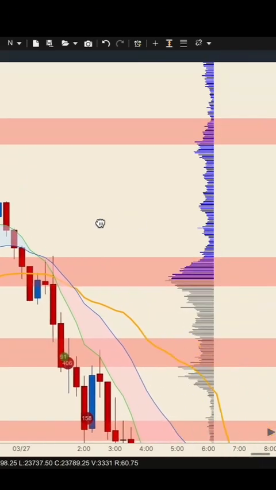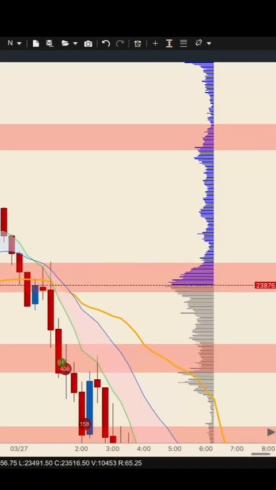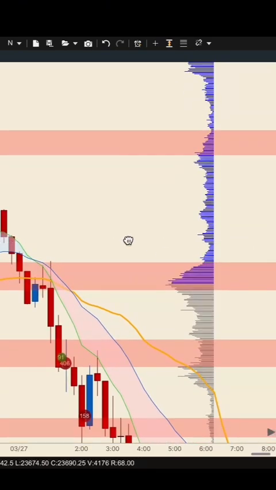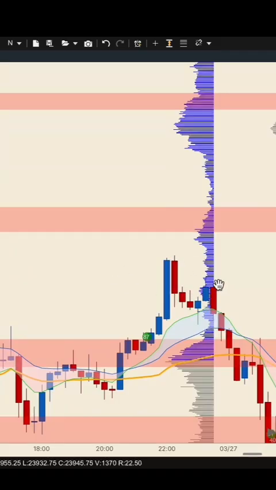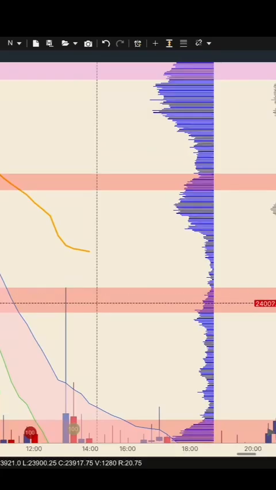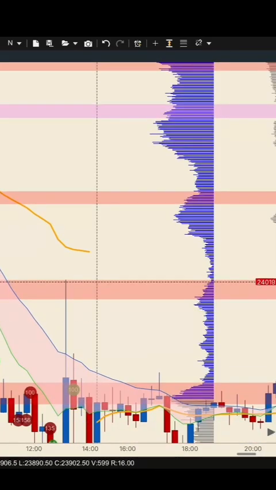And then we have this resistance here. It's overlapping with this HVN on the 5-day. And then nothing really looks good there, market structure wise. And then we go up to here. And then we've got this resistance, which is kind of like a shelf as well.